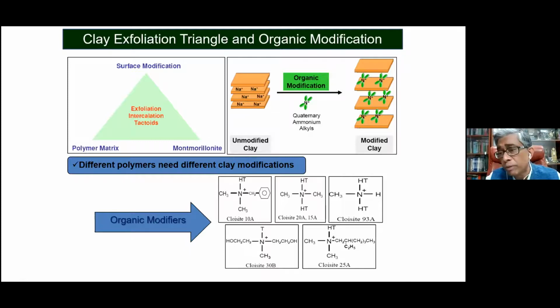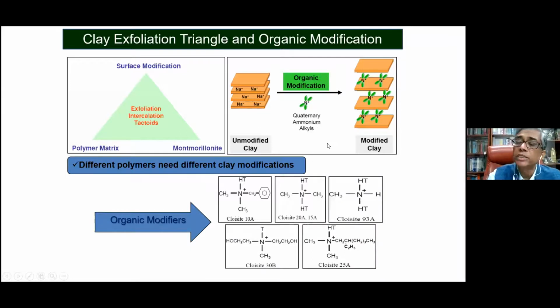That's why we had a problem: if you go more than 200 degrees centigrade, some of these organic modifiers may not sustain. So we have limited our work to 200, 220, 240 degrees. You cannot go beyond that. So we need a combination of surface modification of the clay and the polymer matrix together, and one can play with that.